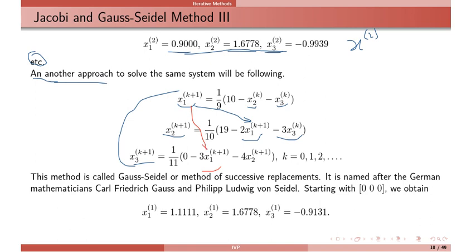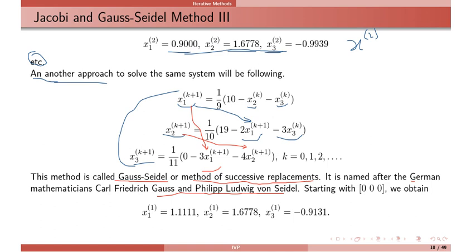Okay, so x1 k plus 1, x2 is also k plus 1 label, or in other words, use the updated value immediately. And this procedure is called Gauss-Seidel, or method of successive replacements. It is named after the German mathematicians Carl Friedrich Gauss and Philipp von Seidel.